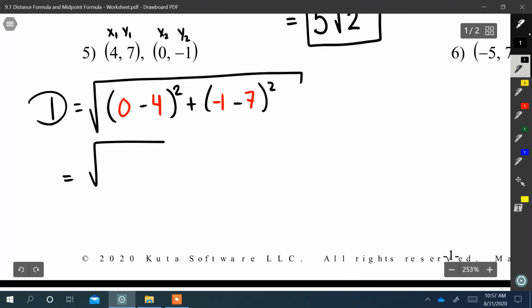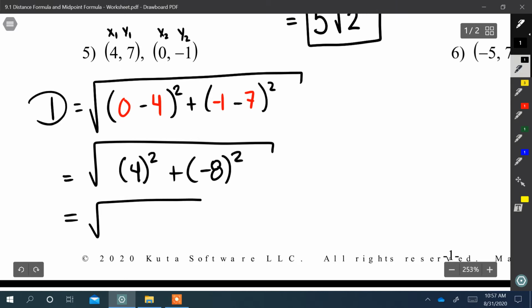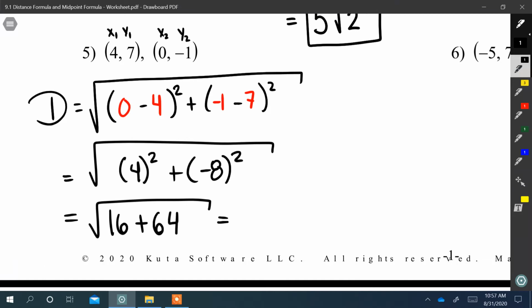So now we got 4 squared. We got -1 plus -7 is -8. We got 16 plus 64. That should give you 80. Is that right?